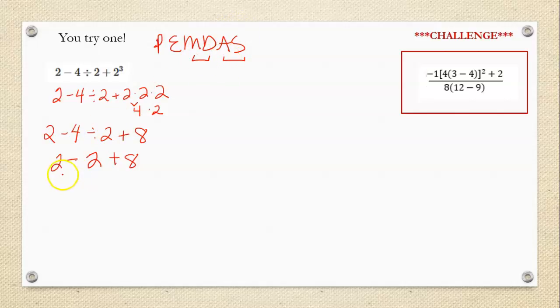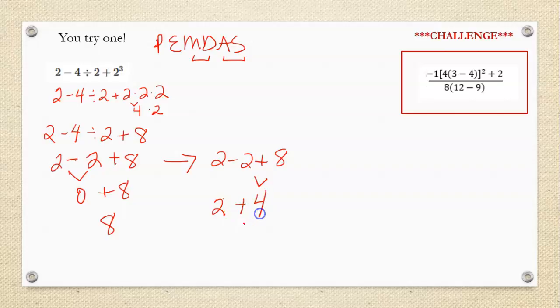So we could go ahead and subtract these first and get 0, and we'll have 8. Or if you wanted to, you could do addition first. -2 plus 8 is a 6, and you would have 8. So either way, you'll get that same answer.